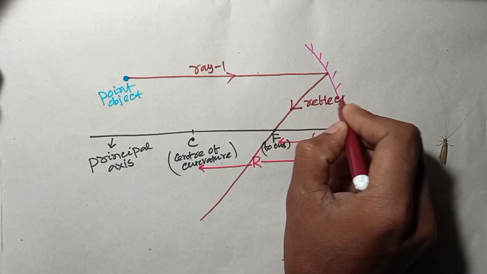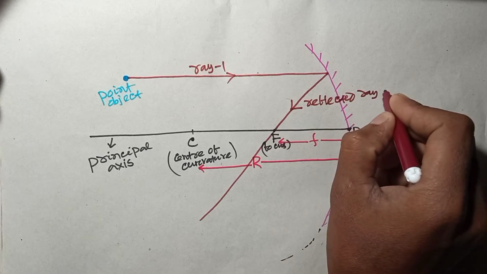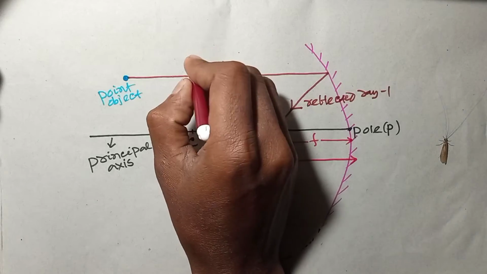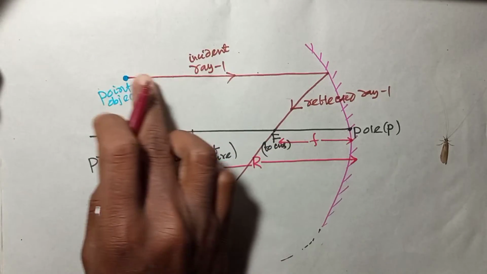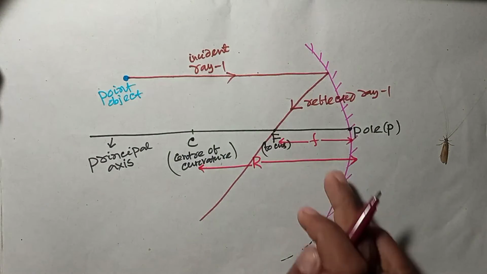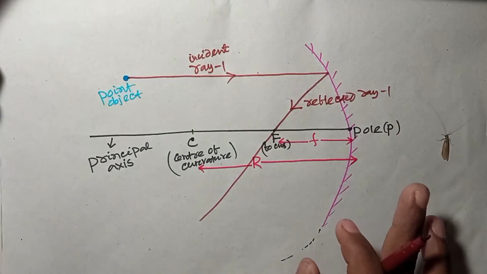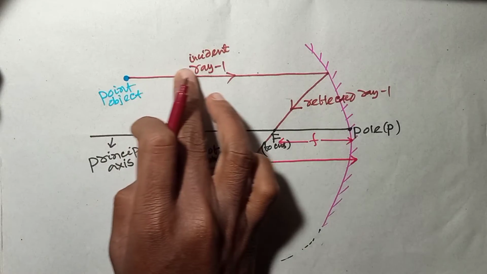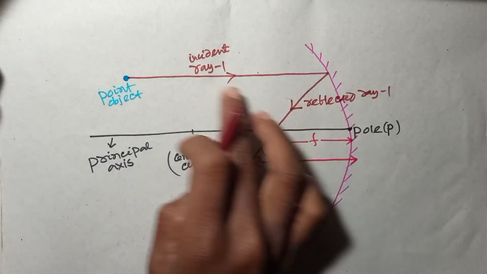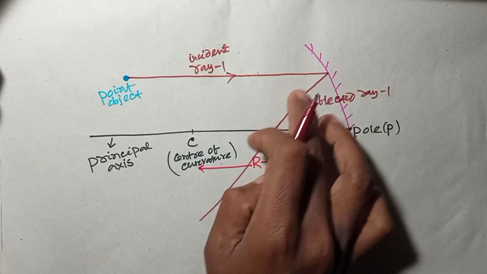Okay, this is the incident ray number 1 and this is the reflected ray number 1. Since this incident ray is parallel to the principal axis, after reflection it will pass through the focus.